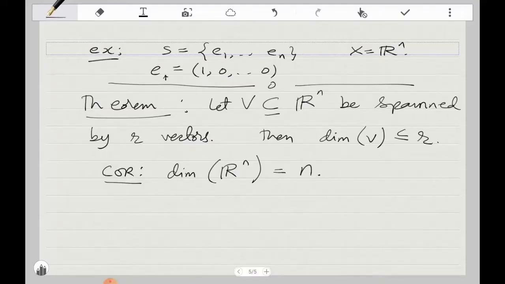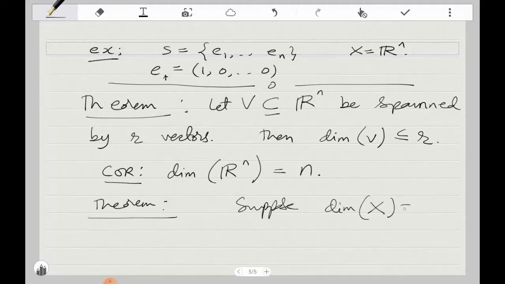All right, so the next thing is, suppose the dimension of X is equal to n.